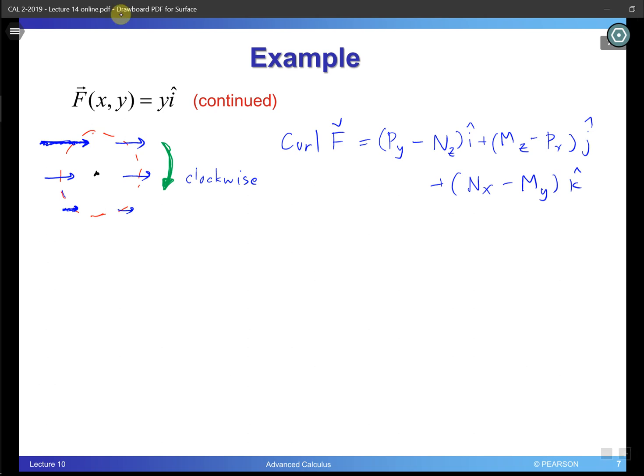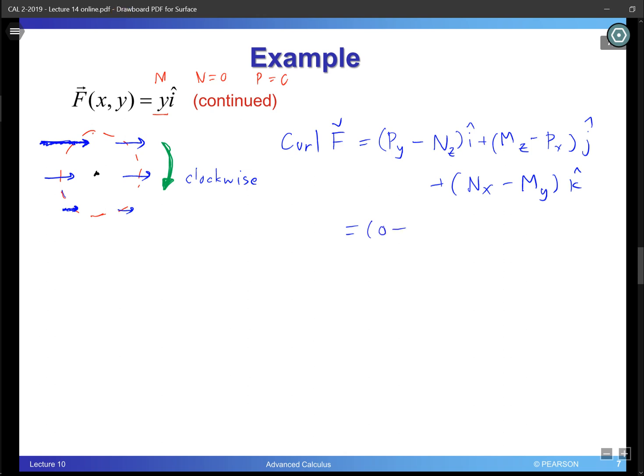So here this is m, and n is equal to 0 and p is equal to 0. So p with respect to y: p is equal to 0, so it comes out to be 0.